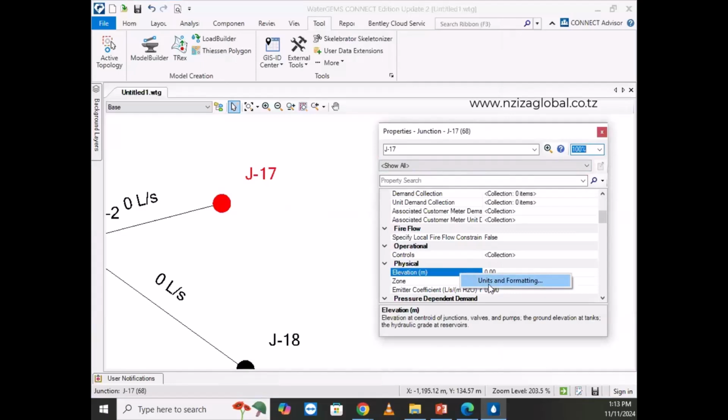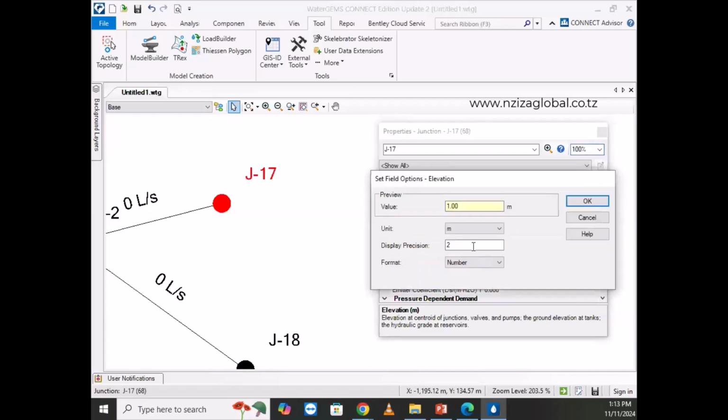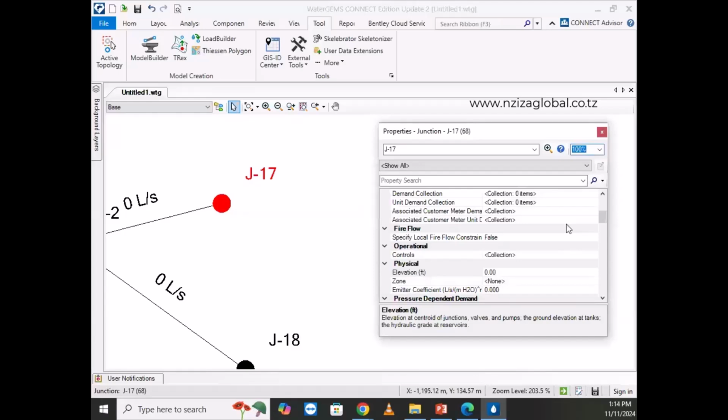You click on it and they give you these icons. By changing this meter into feet or into kilometer, let's do it into feet, for example, and click okay, it will immediately change the unit that you already set.